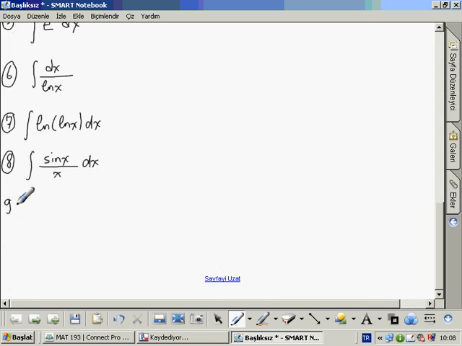And the ninth, the integral of square root of 1 minus k square sine square x dx, for 0 less than k less than 1.